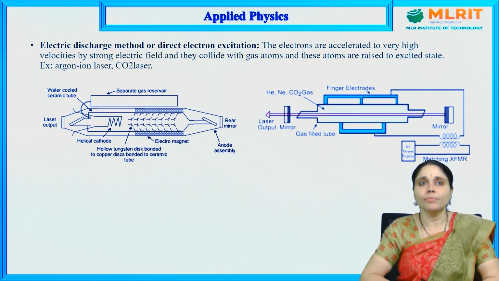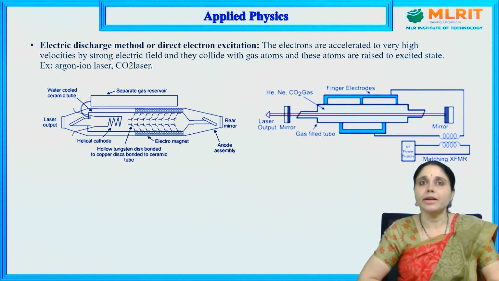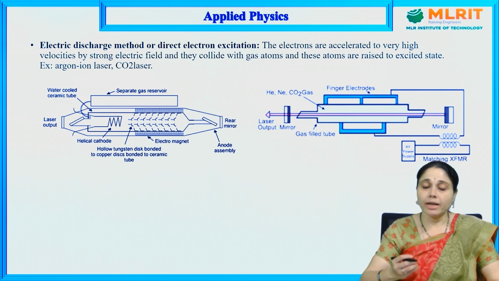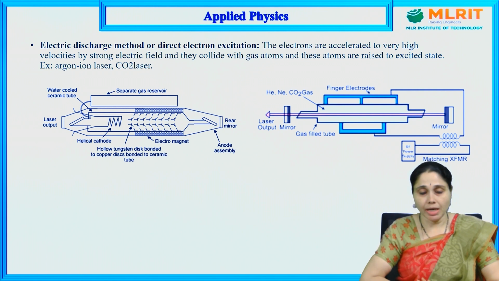Next, coming to the electric discharge method, or direct electron excitation method. The electrons are accelerated to high velocities by a strong electric field and they collide with gas atoms, so these atoms are raised to the excited state. The argon ion laser and CO2 laser come under this. Argon is an inert gas, and these inert gas atoms are raised from the ground state to the excited state with the help of the electric discharge method.